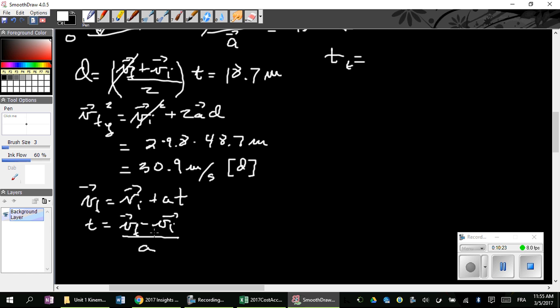So V initial is 0. So my V here, to work in that equation, you should make it negative, right? So it's down. Because my acceleration is negative, right? But you can just think about them, okay? So right now I'm just going to use two positive values. So this value and 9.8, it will work.